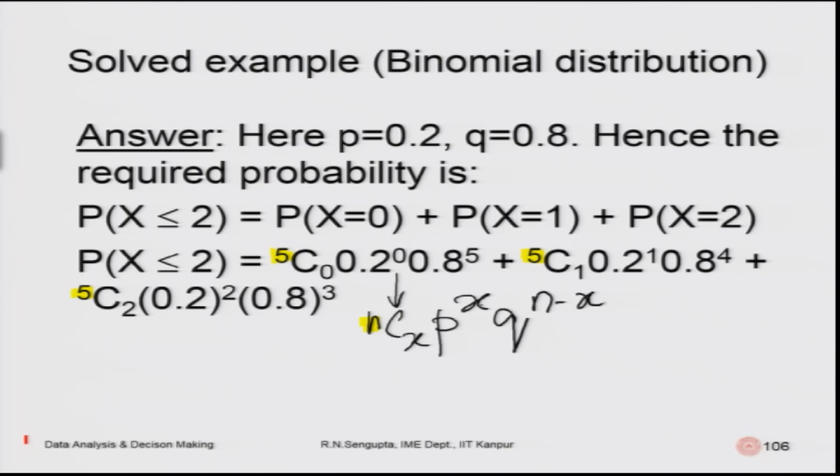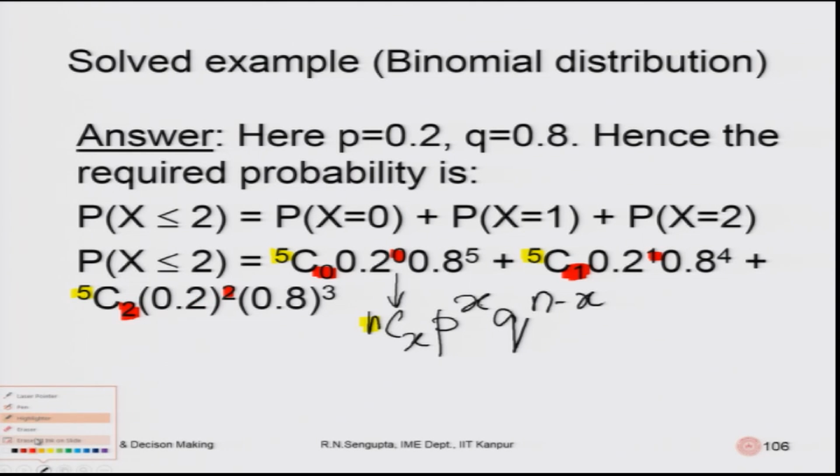The x value corresponds to the case when x is 0, x is 1, x is 2. So, x is 0, x is 1, x is 2, and these values are also 0, 1, 2.